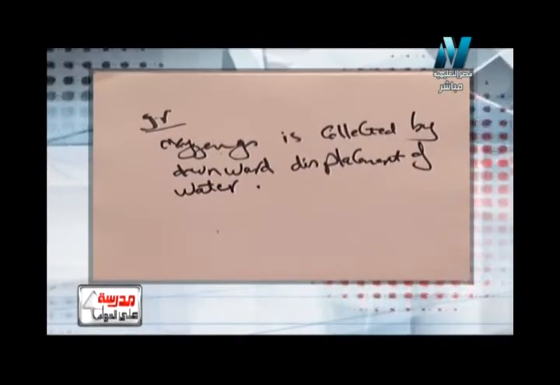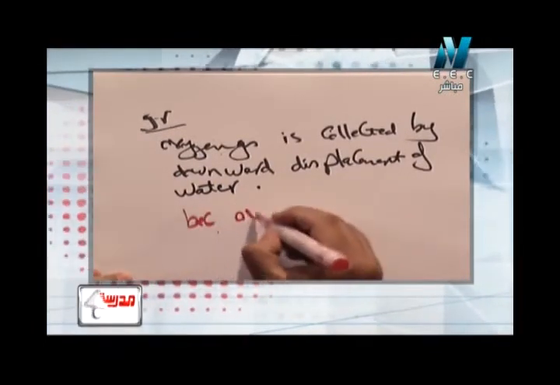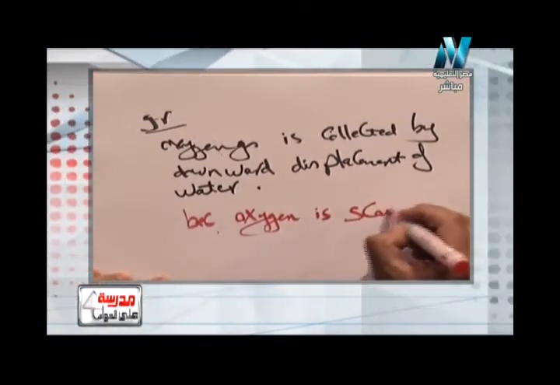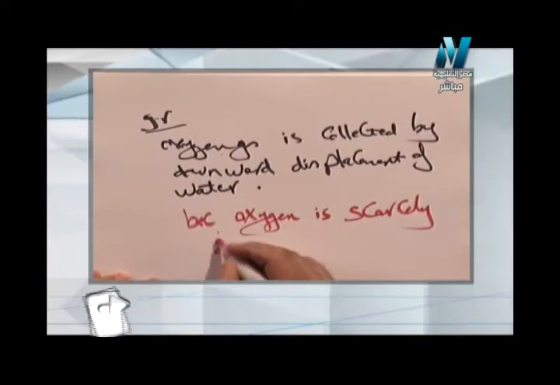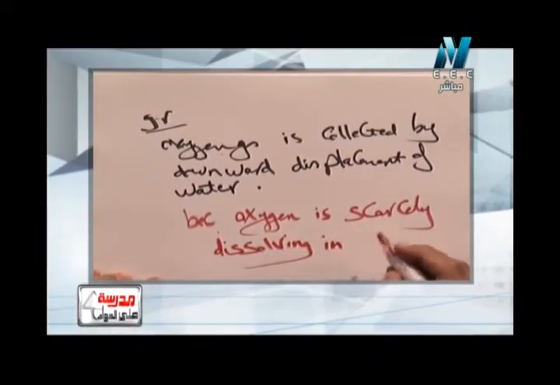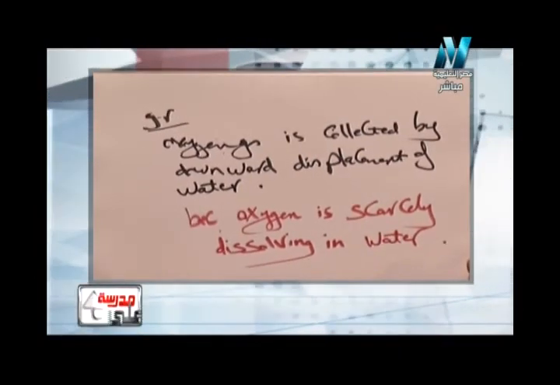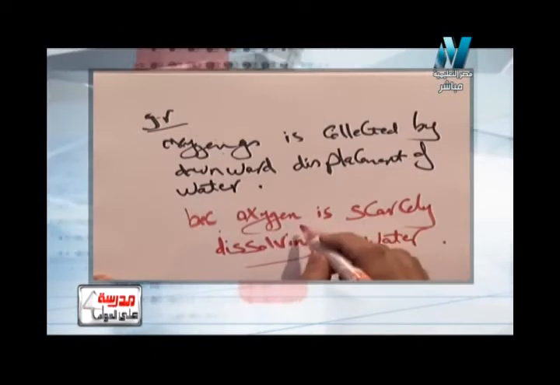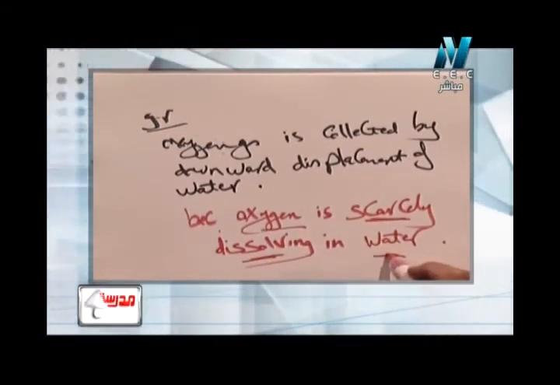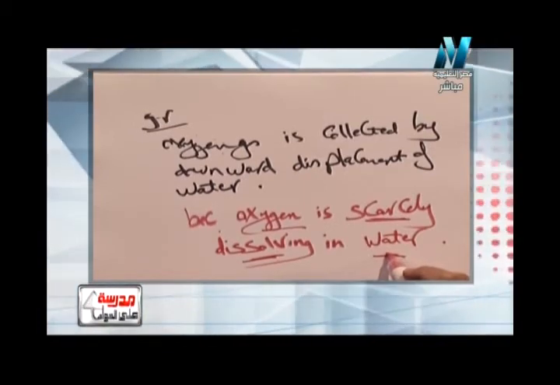لأن في معلومة مهمة جدا قلناها، معلومة كيميائية مهمة جدا، because oxygen is scarcely dissolving in water. الأكسجين نادرا ما بيدوب في المية، مش بيحب المية. يعني ممكن نقول كده oxygen and water don't mix، الاثنين ما بيختلطوش مع بعض أبدا، أو oxygen is scarcely dissolving in water. عشان كده لما بيلاقي مية oxygen gas will force it downward هيتفحل تحت.